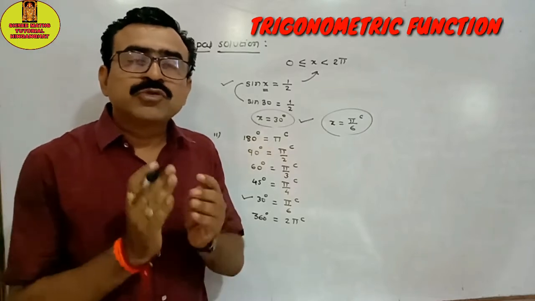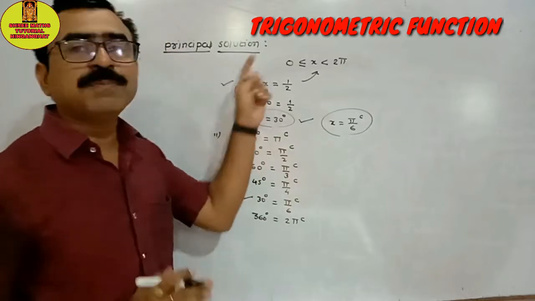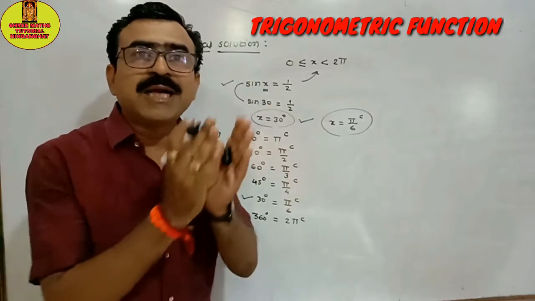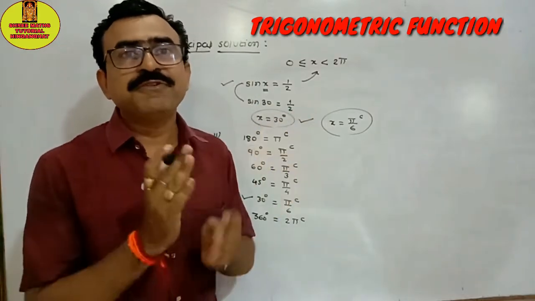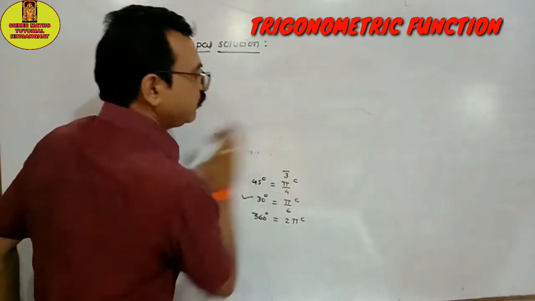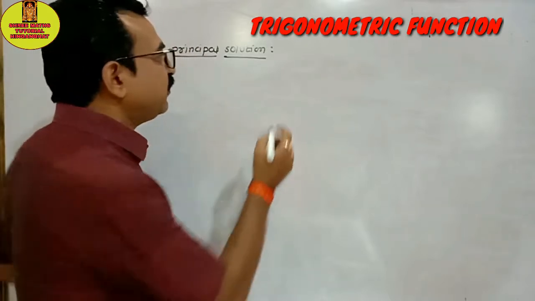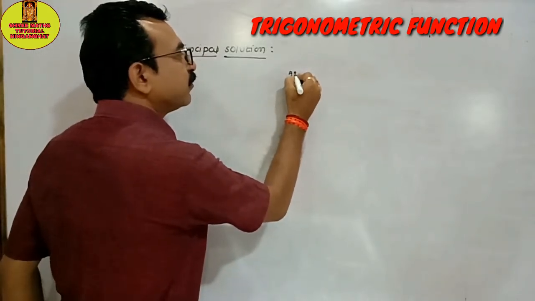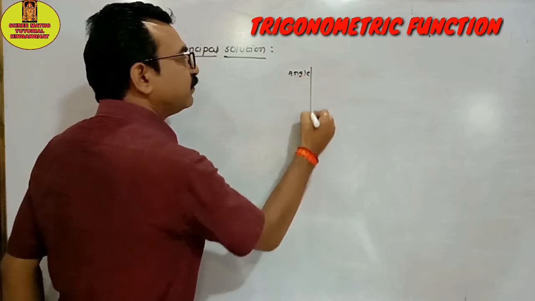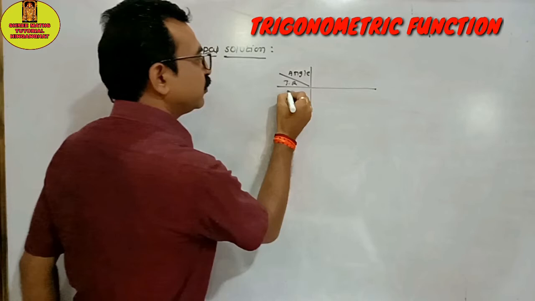Understood? So friend, before learning about the problems based on principal solution, let us understand some basic things which you had learned in your previous class. Your first basic thing is the angle trigonometric ratio.